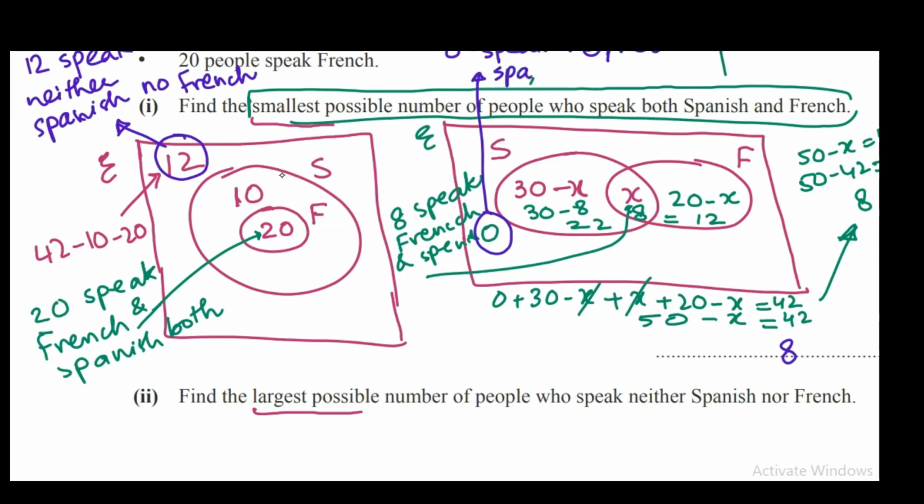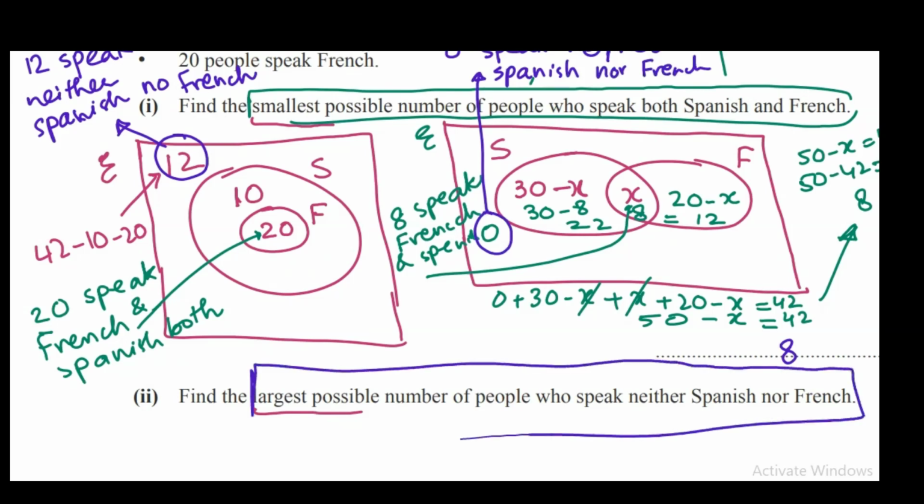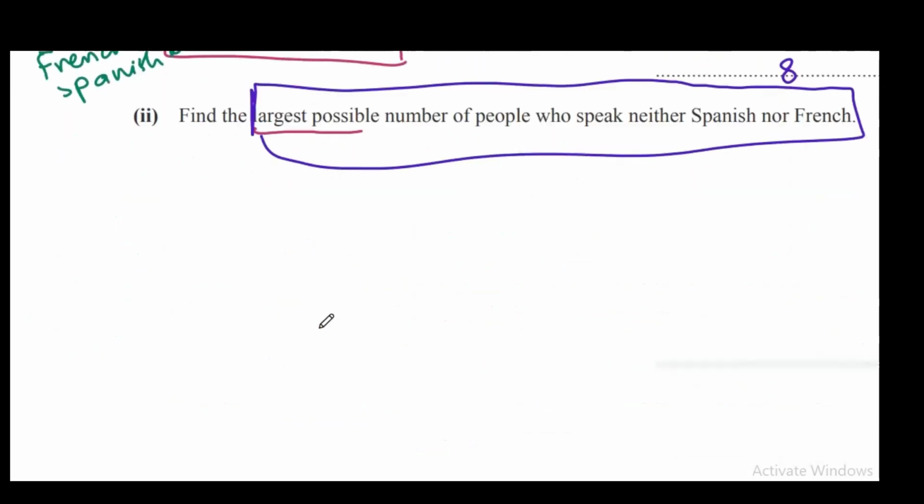So in this case, the largest number of people who speak neither Spanish nor French, we have two values in the diagram. The 12 speak neither Spanish nor French, and 0 speak neither Spanish nor French. So the largest possible value is the 12 people here. So the answer will be 12.